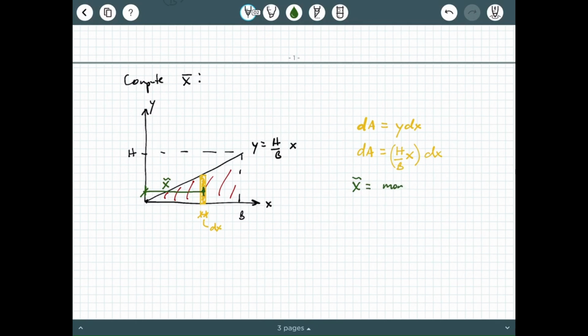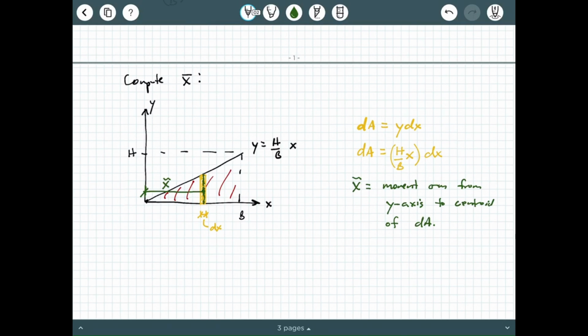So again, x tilde is a moment arm from the y-axis to the centroid of dA. Okay. So if that is x tilde, then what's a formulation we can look at to figure out what x tilde is?